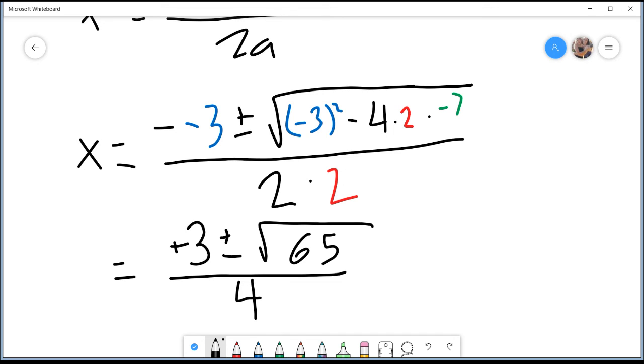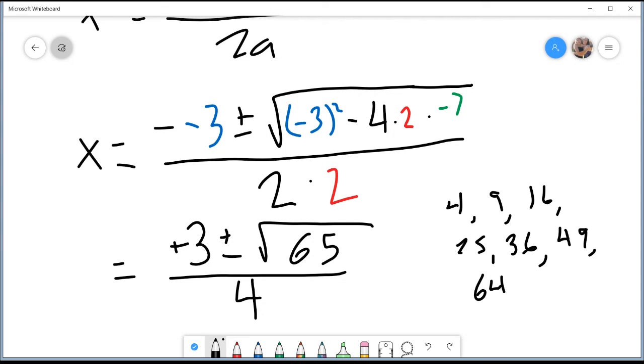From here, we want to make sure that our answer is in simplest radical form. That means that we don't want to be able to pull any perfect squares out of 65. The perfect squares that we're looking for are things like 4, 9, 16, 25, 36, 49, and 64.